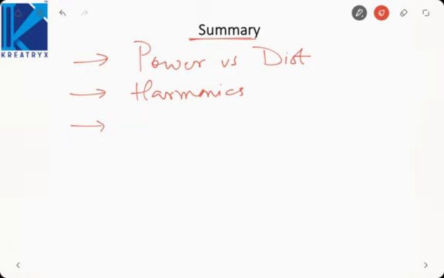Then we saw core and shell type transformer. We saw in core type transformer third harmonic flux can never exist because of absence of any closed path. In 5-limb type of transformer, third harmonic flux can exist in star connection but not in delta connection. Then we saw delta delta connection.